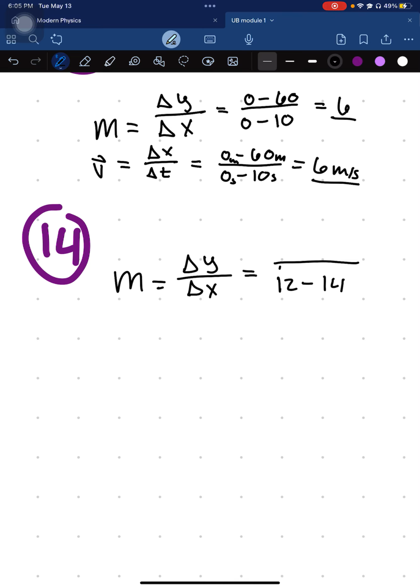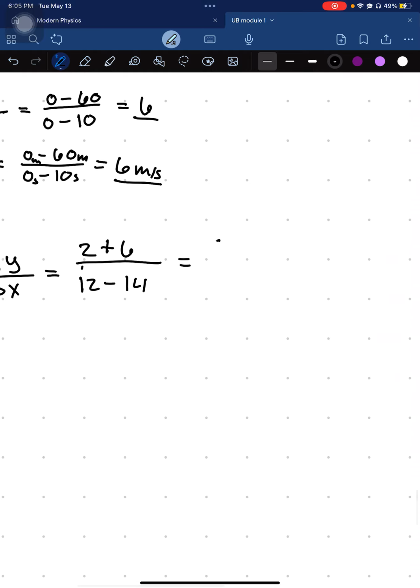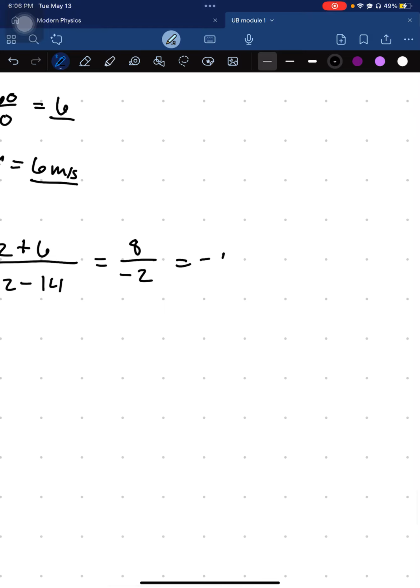From t equals 12, we have our y is 2, and at t equals 14, our y is negative 6. This is going to equal 8 over negative 2, which equals negative 4.